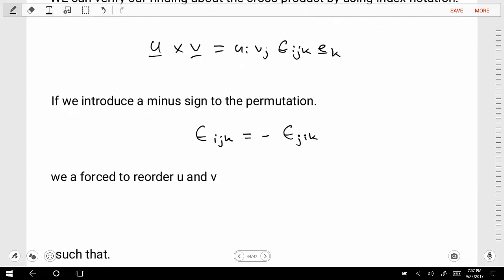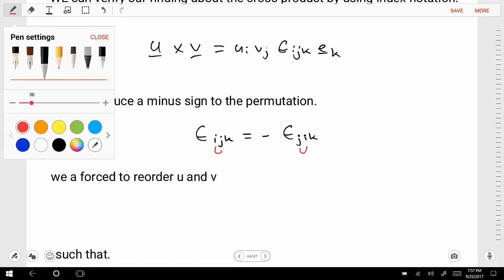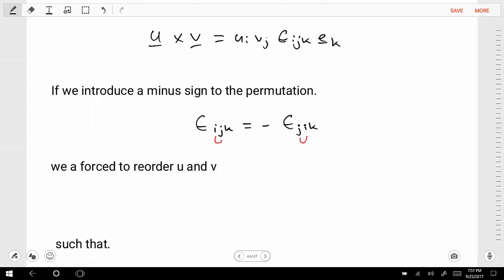Now if we did that, noting that we've changed the order of our indices, we're forced to reorder the position of our components in the way that we multiply the components U_i and V_j.